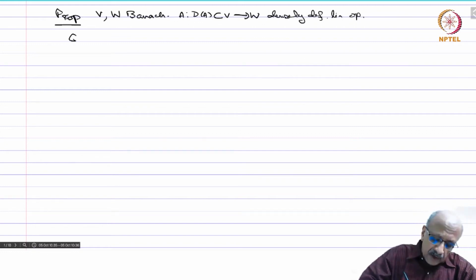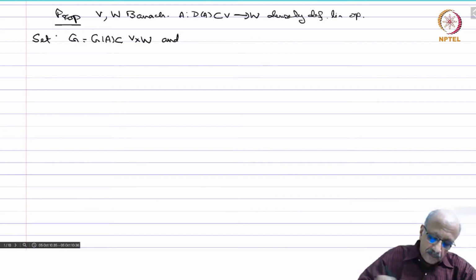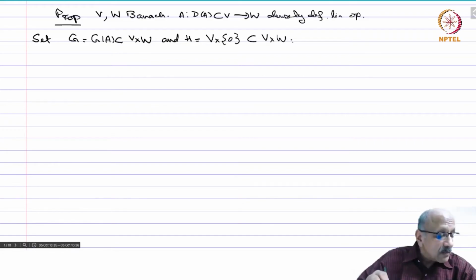So we set G equals G(A), the graph of A. This is a subspace of V cross W. And set H equals V cross 0, again contained in V cross W. So these are subspaces.